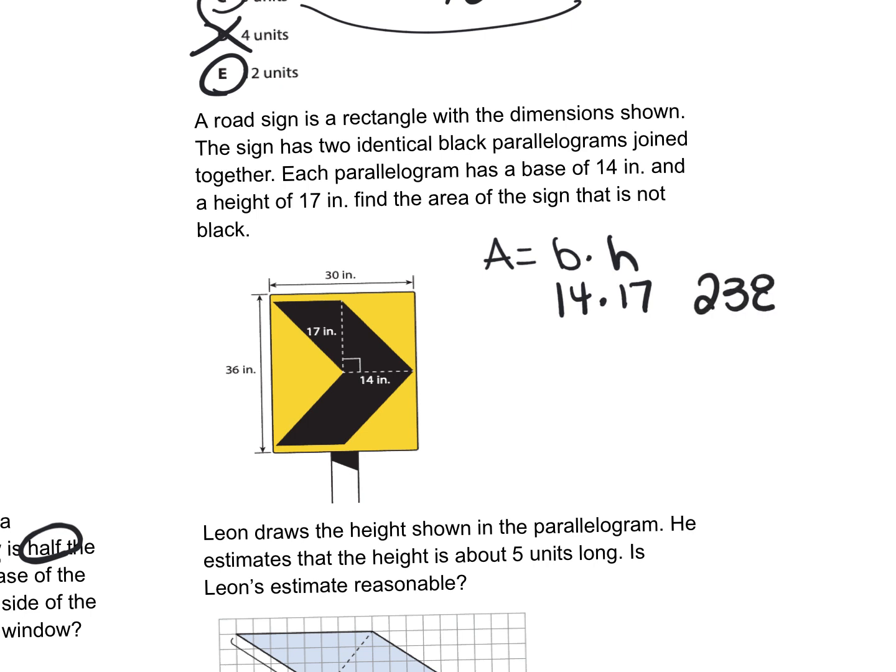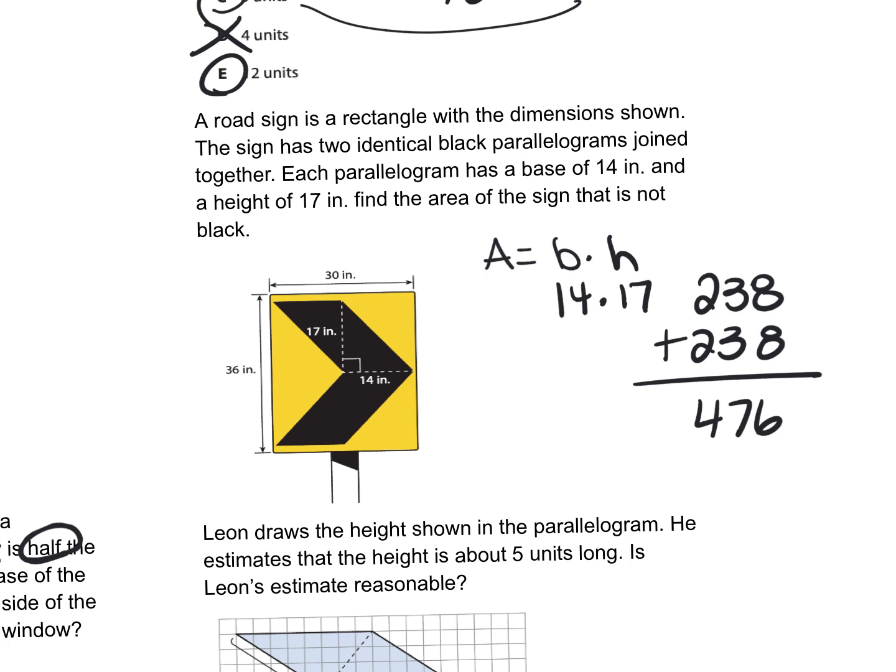But there are 2 of them. So I have to say 238 plus 238, and I get 476. But that's the area of the black, and I need to know the area of the yellow.